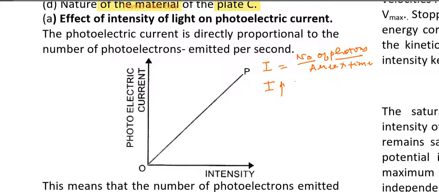Now if I goes up, it means the number of photons goes up. E is the energy of a photon, given by h nu according to Planck's law. Let me represent the number by n, so for further use I will write this as n divided by A into time.